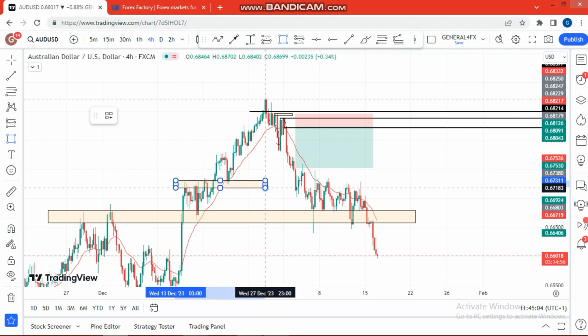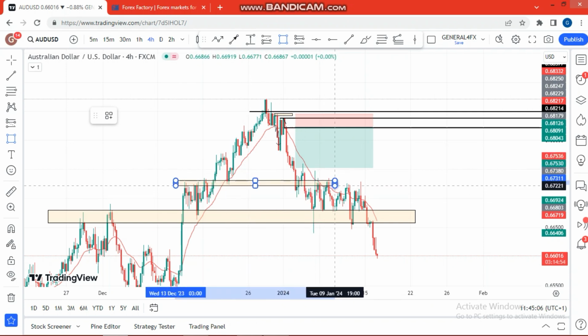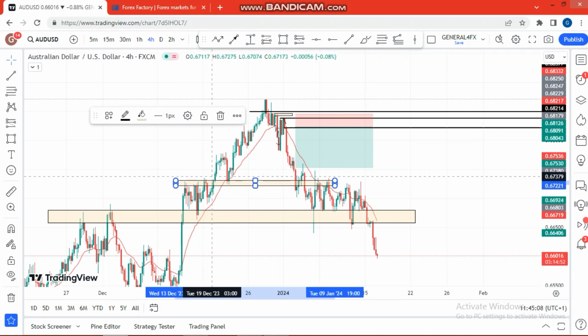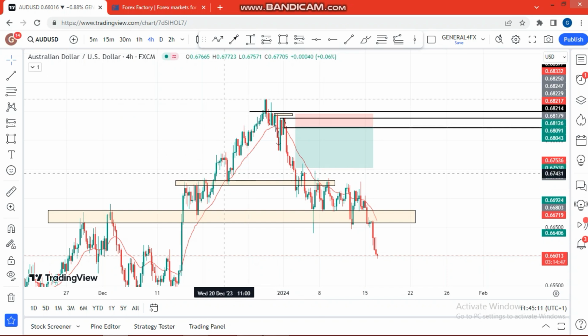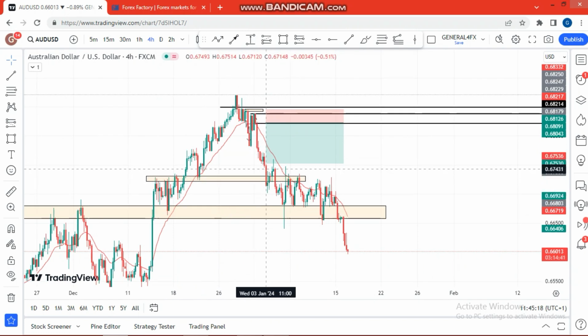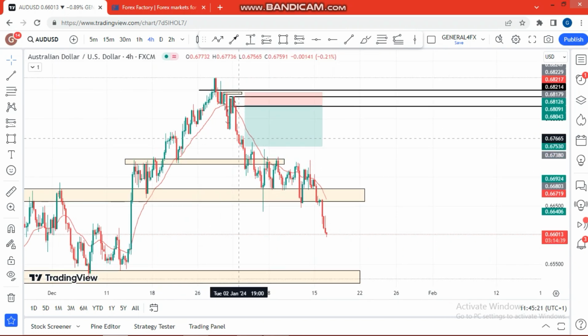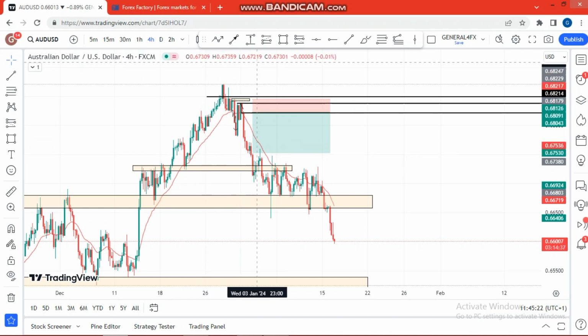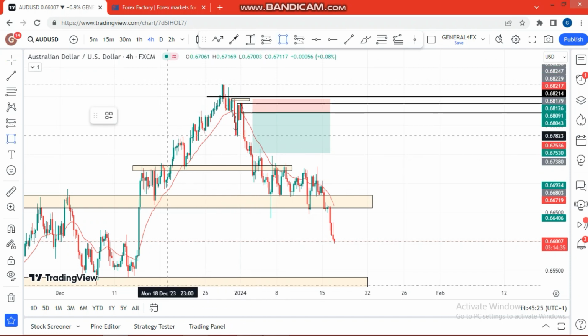We were looking at this key area here, because this was an area where price moved. I felt like price would react to that area, and actually this was the first area we were looking at.